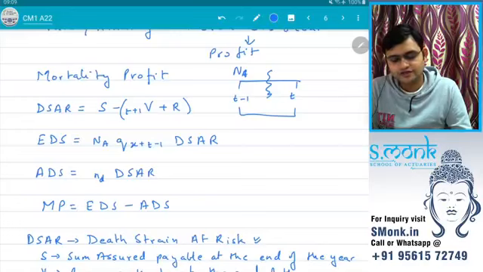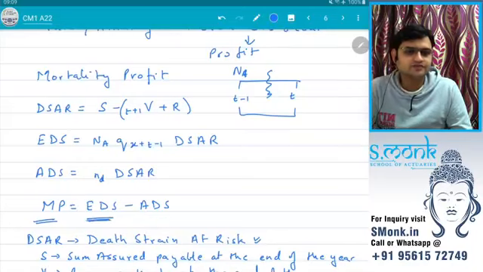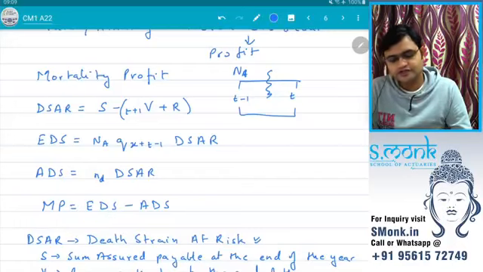And we'll say our mortality profit is expected death strain minus actual death strain, because we prepared for the expected death strain. So if expected death strain is more than the actual death strain, then the money that we have is nothing but our profit.